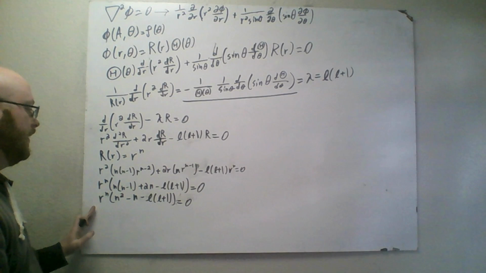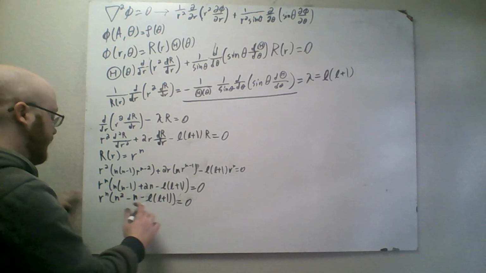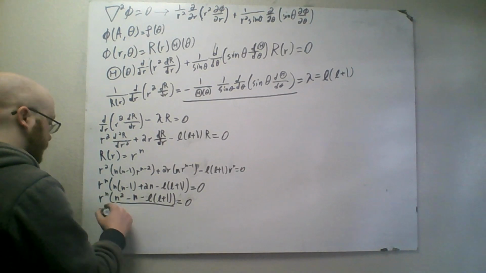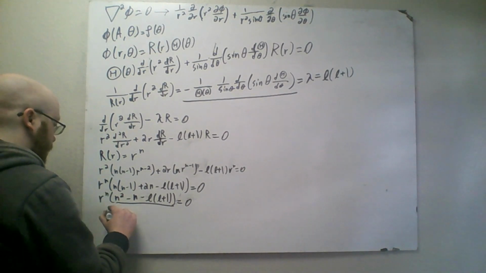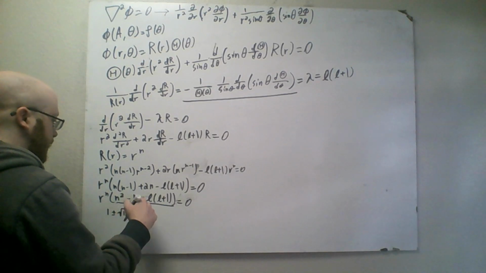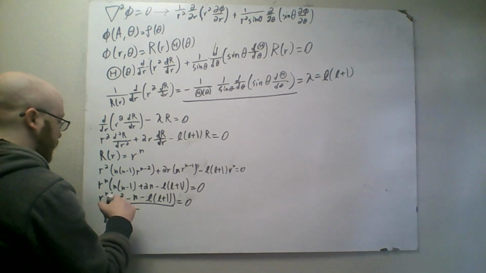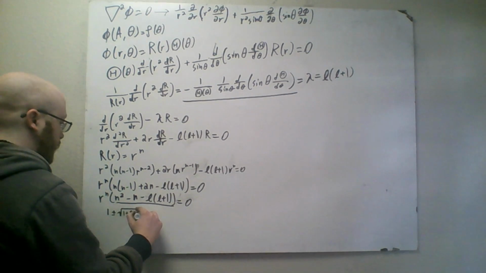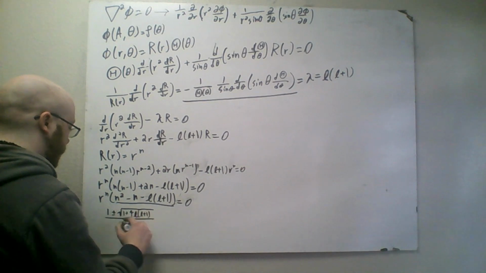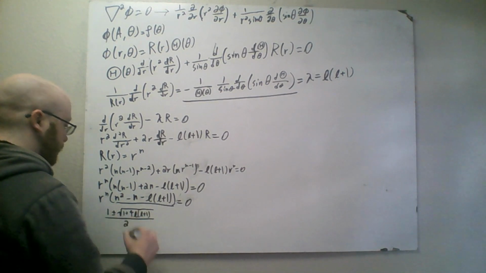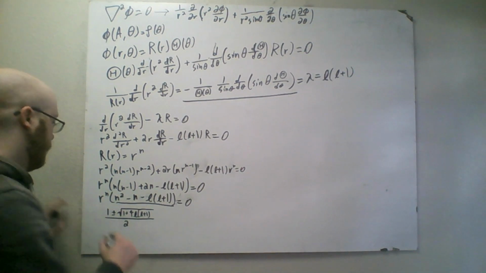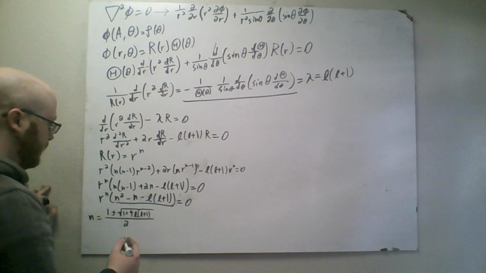You can't guarantee that's going to be 0, so we just focus on the rest. If you plug this into the quadratic formula, you get 1 plus or minus the square root of 1 plus 4 times L times L plus 1, all over 2. So this is what n could be.